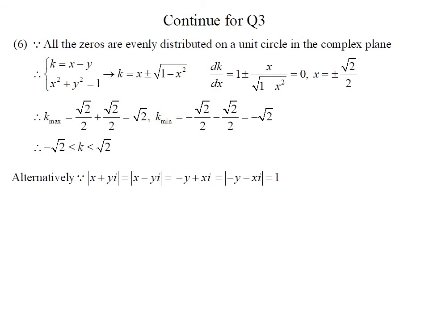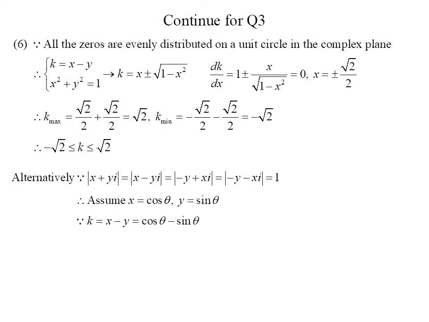Alternatively, since the modulus of all the zeros of the quadratic polynomial pz equals 1, we may assume that x equals cosine theta and y equals sine theta. So k equals x minus y can be expressed as cosine theta minus sine theta.